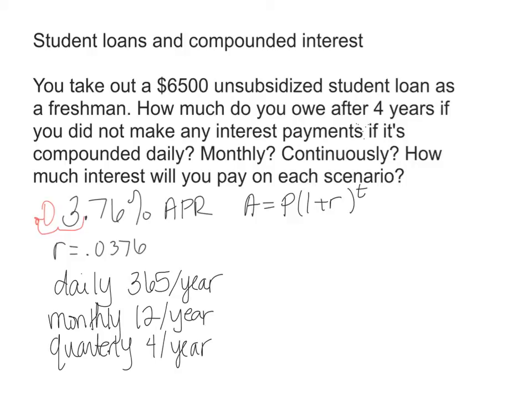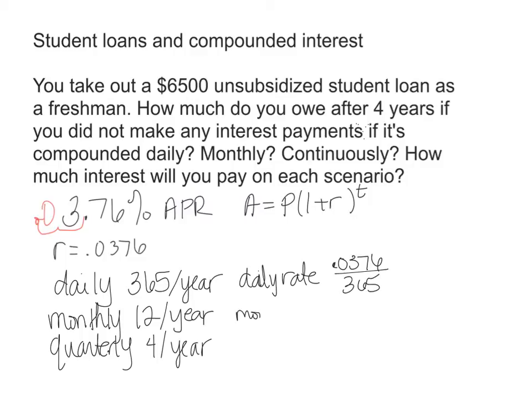So if it's compounded daily, then our interest rate must be converted from a yearly rate to a daily rate, and that is by dividing my rate by 365. So my daily rate is 0.0376 divided by 365.